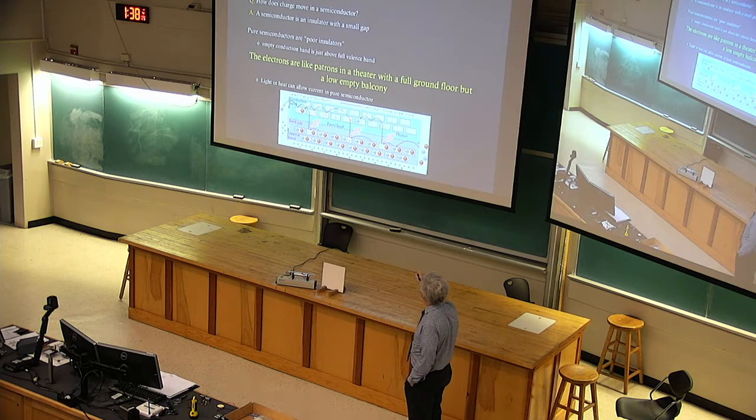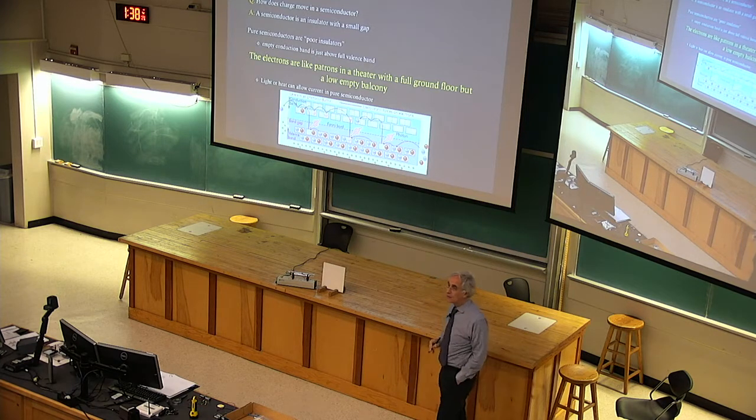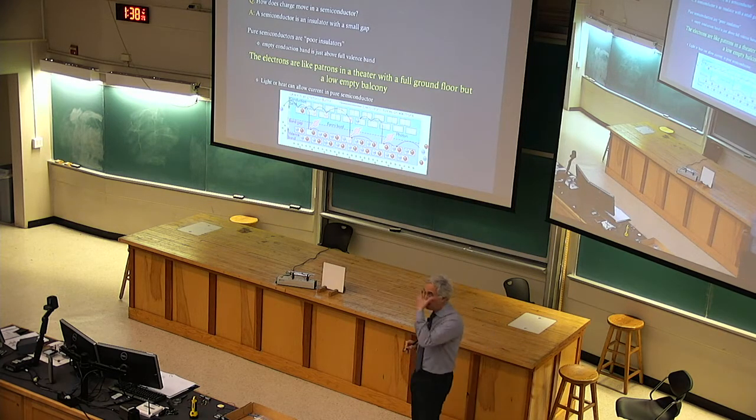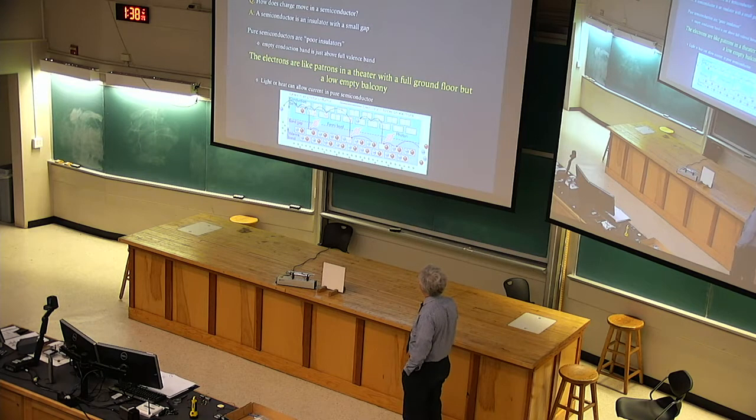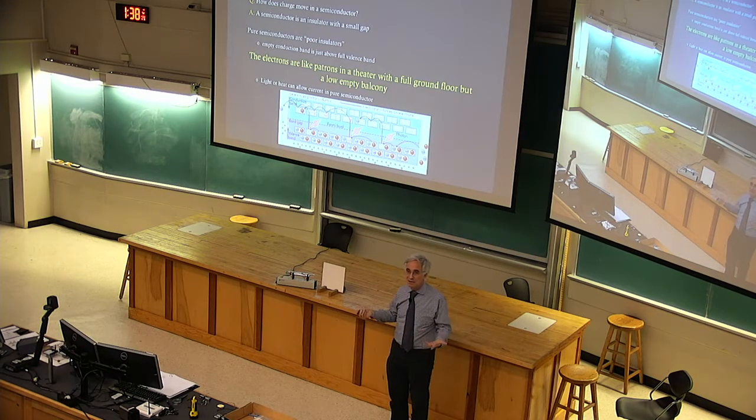And now that electron being up there in the conduction band, the balcony of my theater, can move in response to an electric field. So you put an electric field on it and off it goes. And similarly, you've created an empty seat on the ground floor of my theater, which provides the opportunity for things to move. So with exposure to light, silicon becomes a conductor.